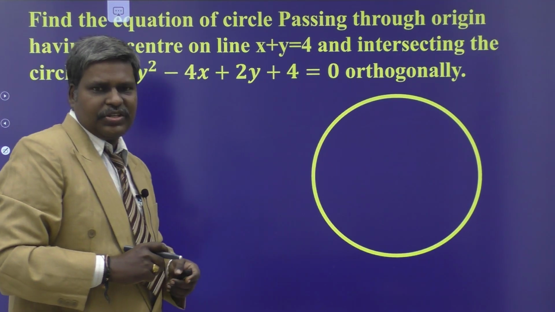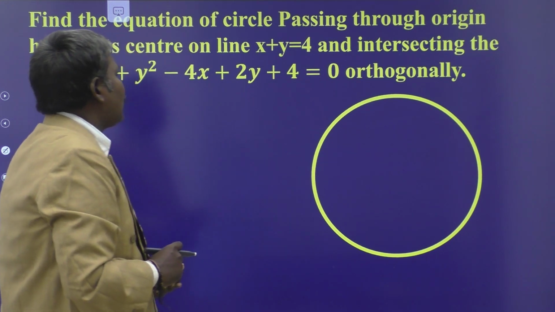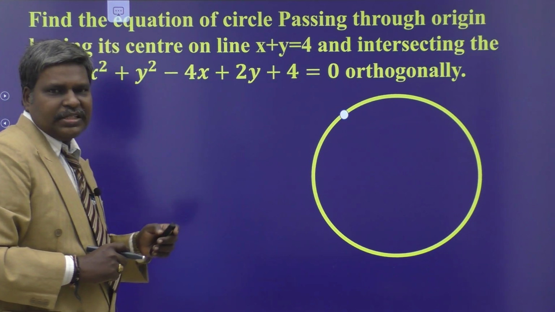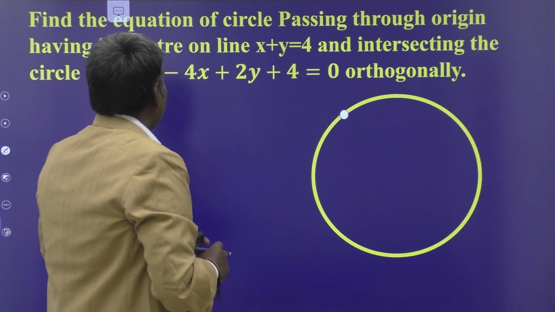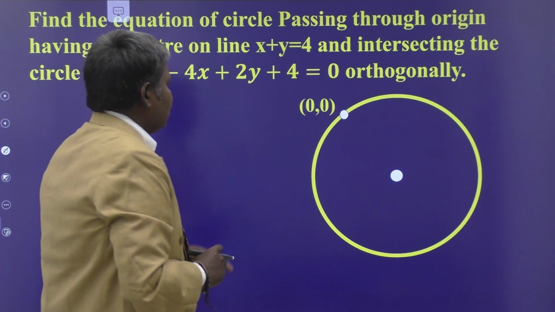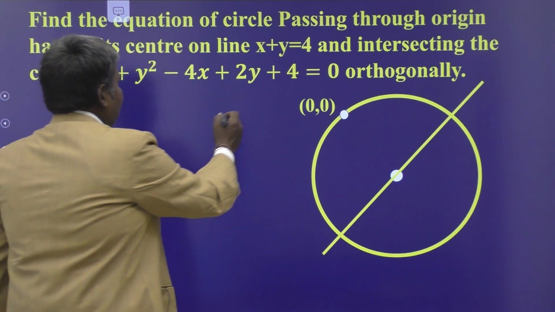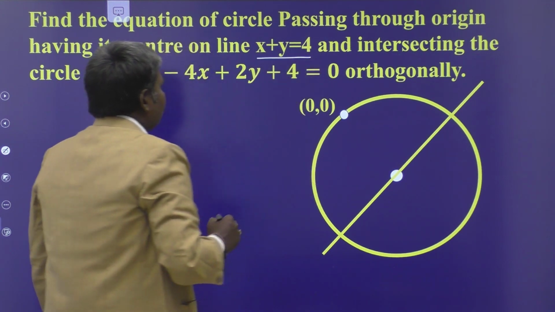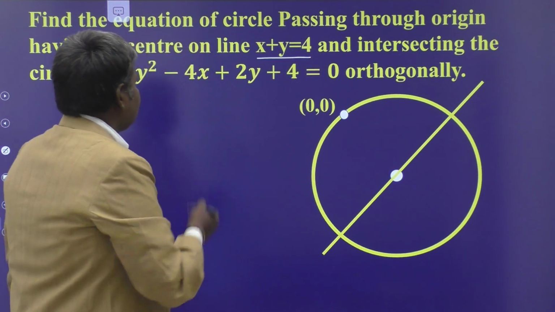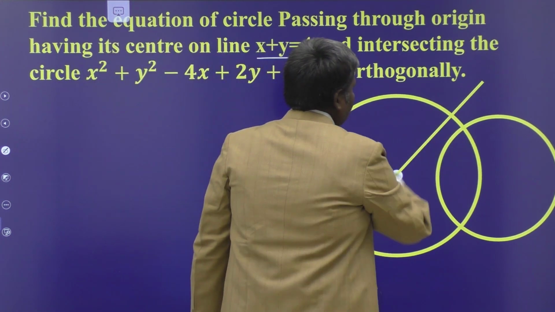Suppose this is the equation of circle, corresponding circle passing through origin. That must and should be passing through your point origin, and its center lies on the line. This is origin. This is the center of the circle. It lies on your line. What is that? X plus y is equals to 4 and intersects some circle orthogonally.